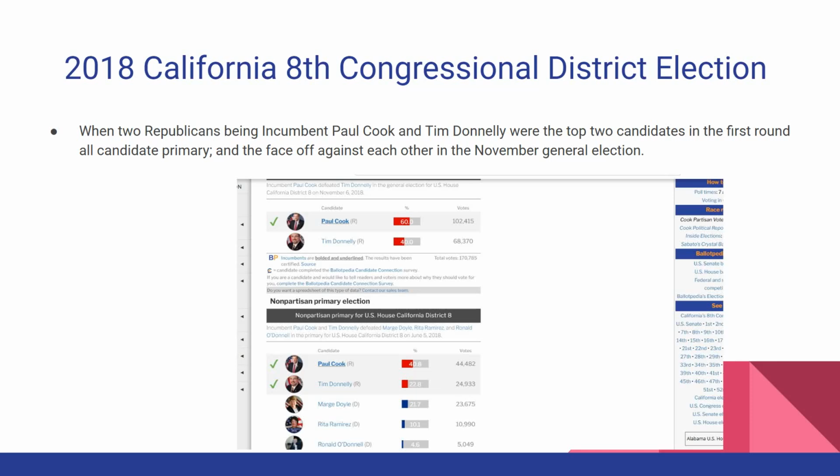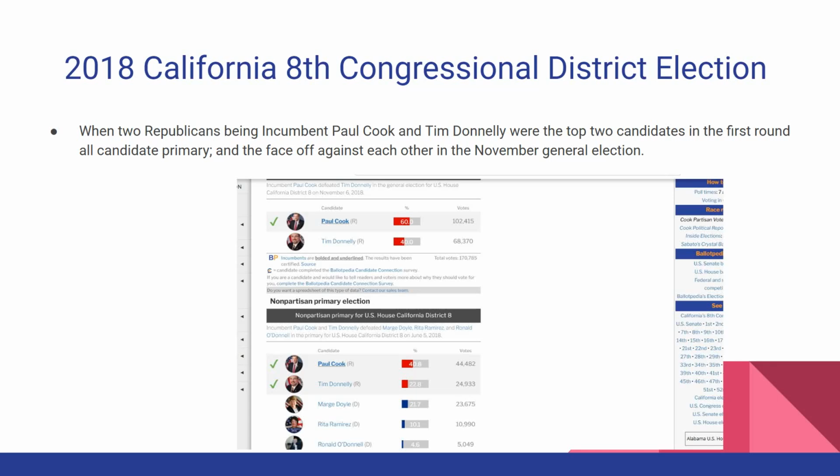This was in part because the Democratic voter base was split. The Democrat Marge Doyle, as you see here, got 21.7% of the vote. If she had gotten a little bit more votes, she could have gotten into the top two.